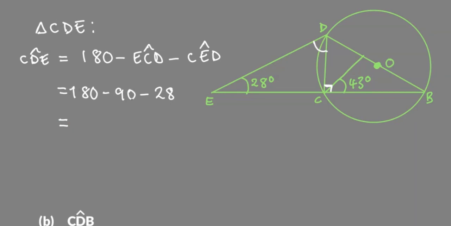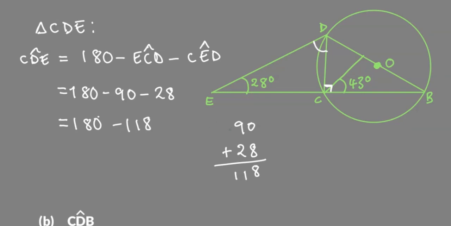This is paper 1, so we want to do these calculations mentally. You can do them just as simply as this, just like we did them in primary. A 0 plus an 8 will give us an 8. A 9 plus a 2 will give us 11. 180 minus 118.